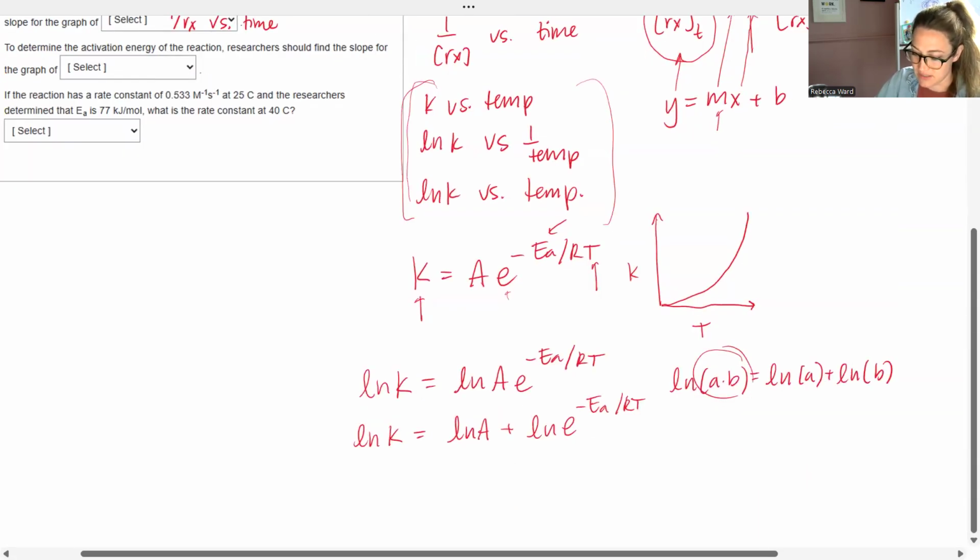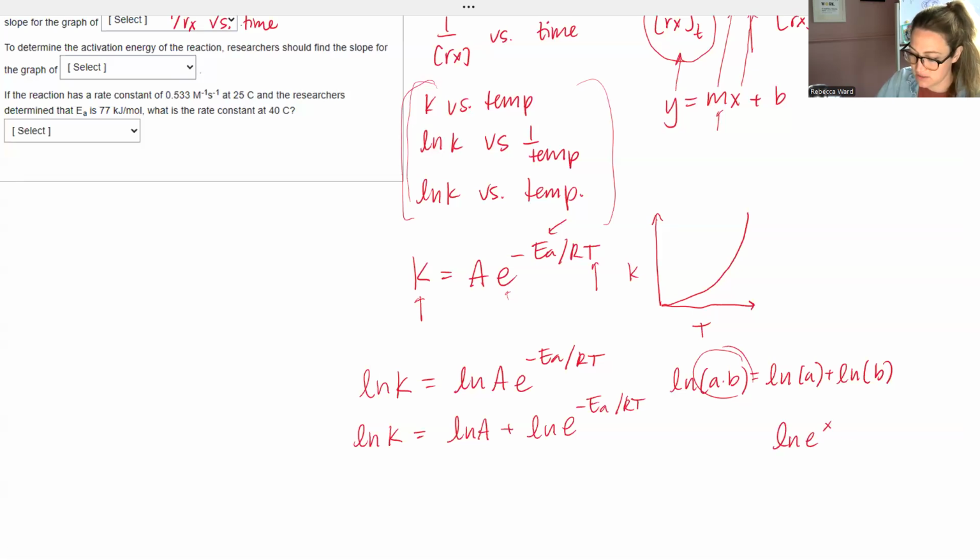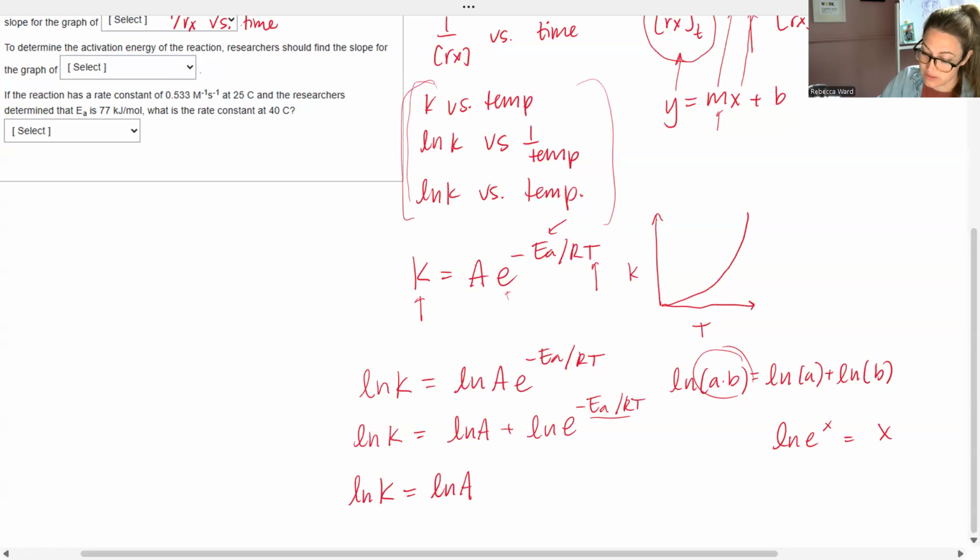The ln of e to the x equals x, so that's how I bring down this stuff and drop the e. So I have the natural log of k equals the natural log of A, which is my frequency factor, plus, or rather minus, Ea over R times 1 over T.